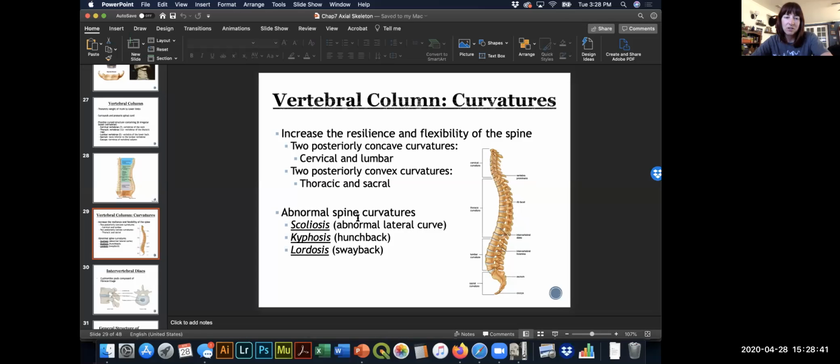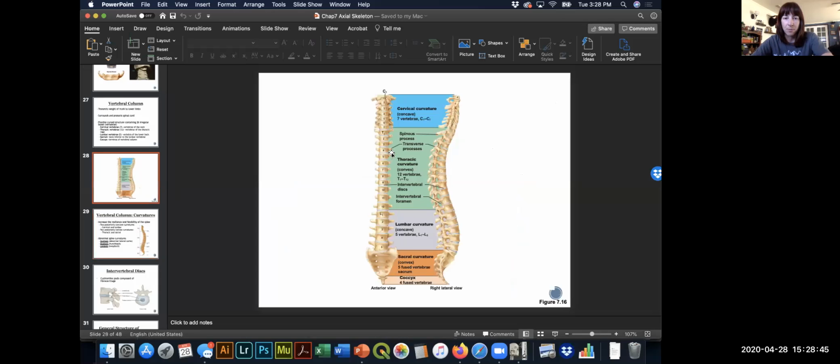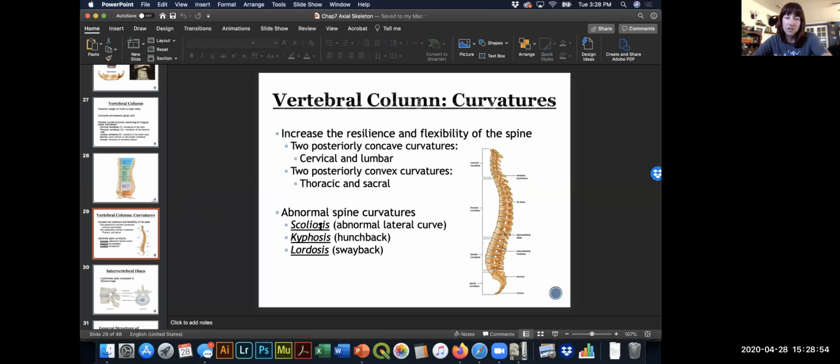Our abnormal spine curvatures, right? So scoliosis would be if you had curving from side to side. Side to side or lateral curvatures of the spine are considered scoliosis. Kyphosis would be an exaggerated thoracic curvature of the spine, which would lead to a hunchback appearance, right?